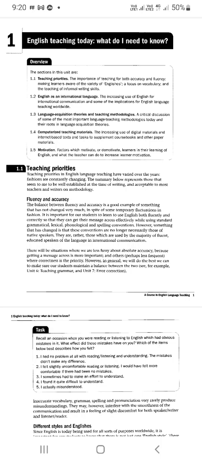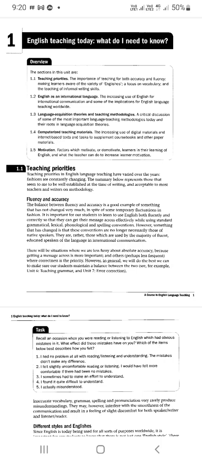Mistakes didn't make any difference. I felt slightly uncomfortable reading or listening. I would have felt more comfortable if there had been no mistakes. Sometimes I had to make an effort to understand. I found it quite difficult to understand. I actually misunderstood.